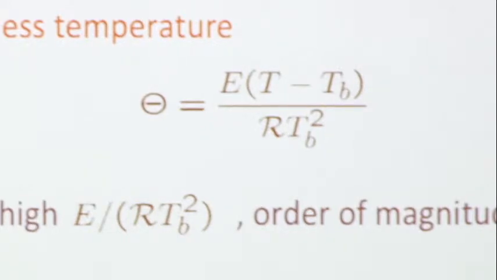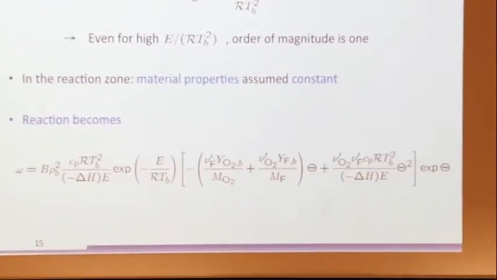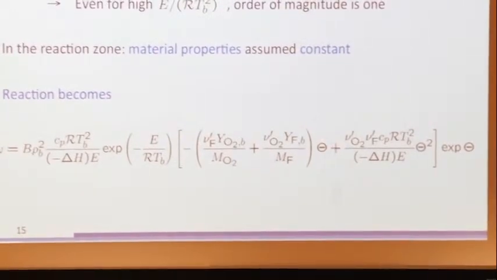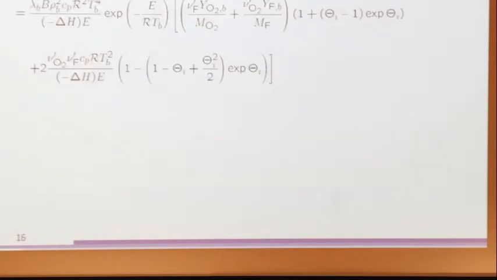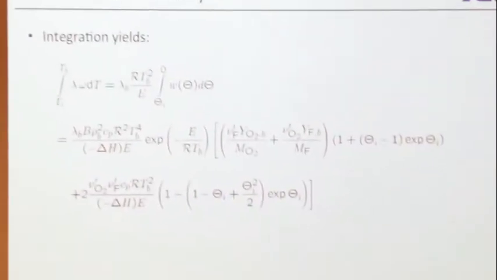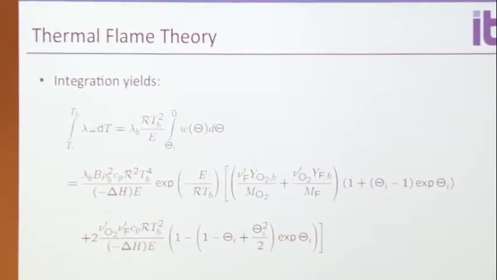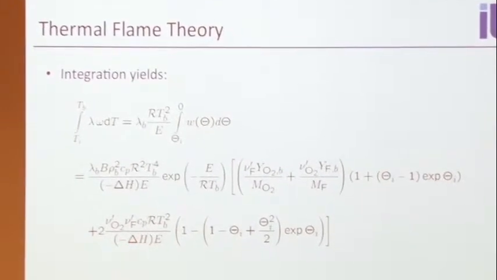You introduce these two things here, and you get this. So you have temperature times temperature squared, plus temperature squared, and then the whole thing times the exponential of temperature. And this is just a constant. So now we can integrate this. This is the integral we want to evaluate. You can integrate this, and this is what you get.